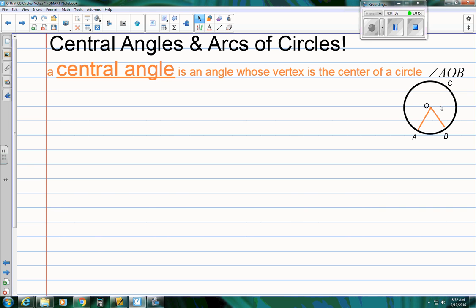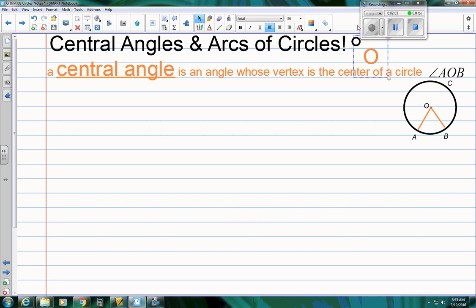Circles, by the way, since I haven't mentioned it, are simply named with the single letter of their center. So we would call this circle circle O. And we literally just use a little circle, a little symbol of a circle, and then we put the letter of the center, like O, for example, or B, or whatever it's going to be.